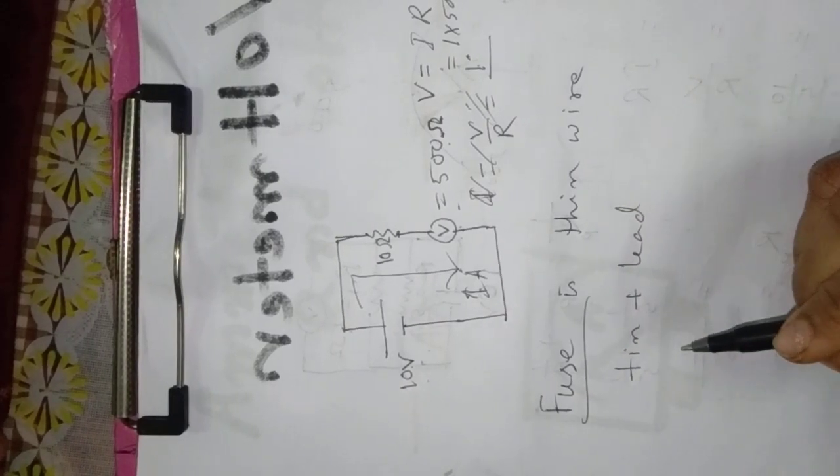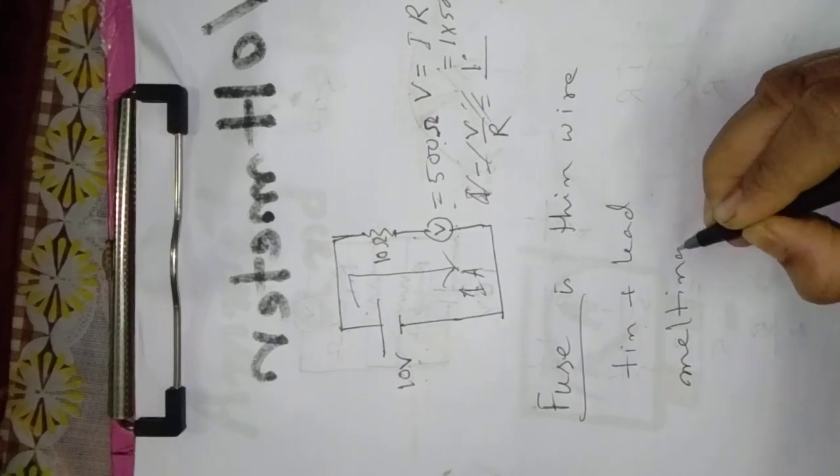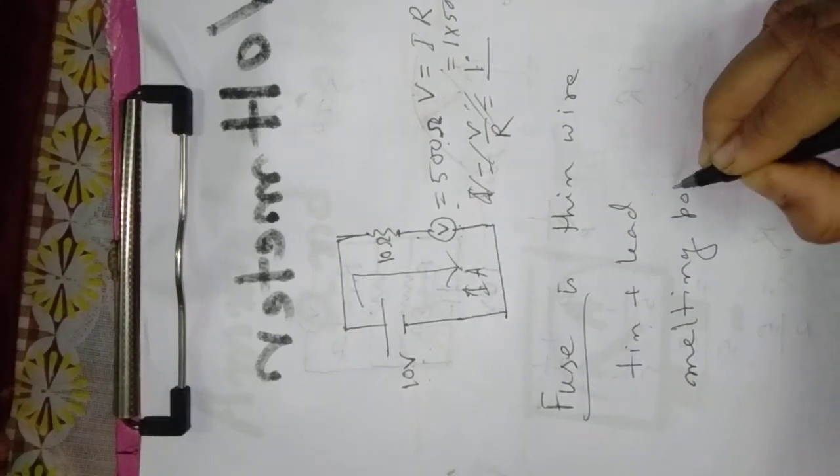It is a thin wire made of an alloy of tin and lead, and fuse is usually arranged on a ceramic plate, and its melting point is very low.